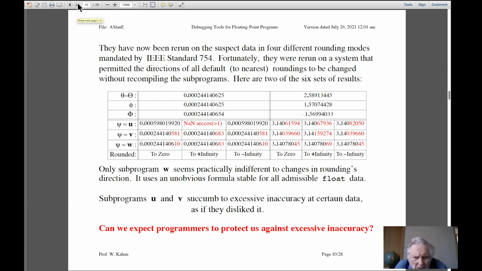But you can see that some of these lose quite a few digits, and some lose just a few digits. But the formula W, that loses very few digits, fewer digits than the others.